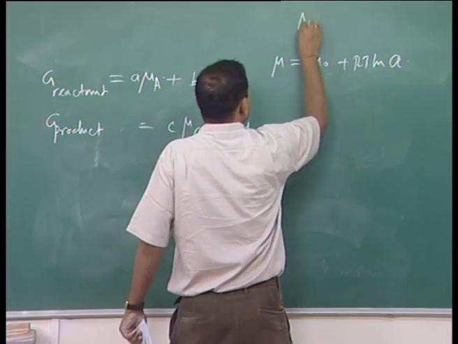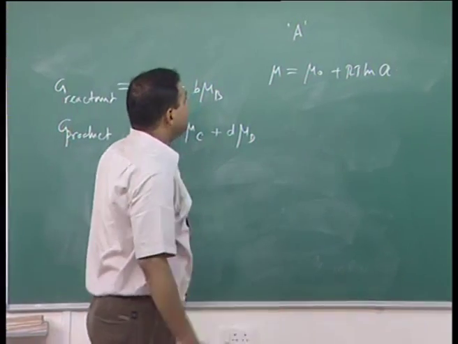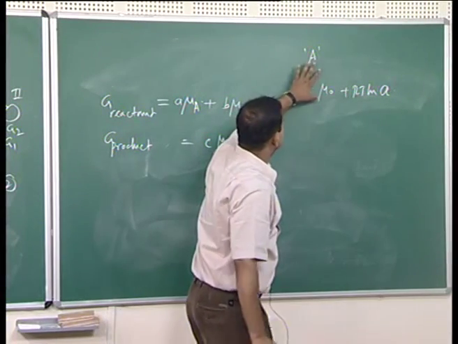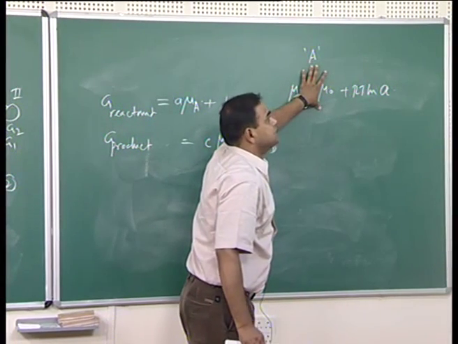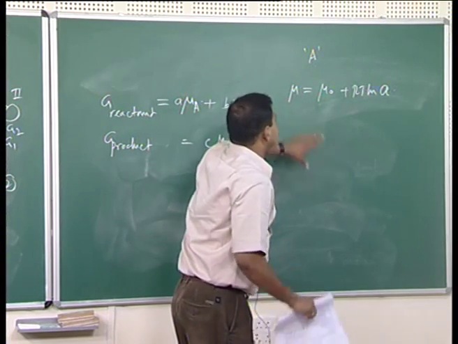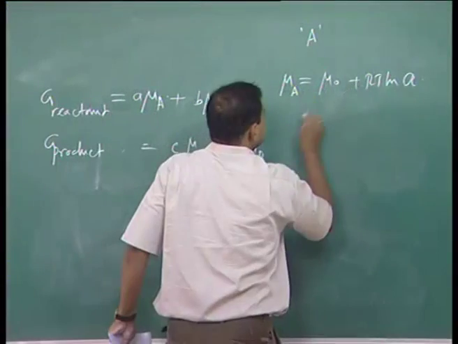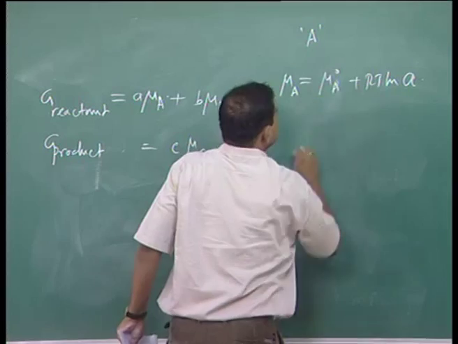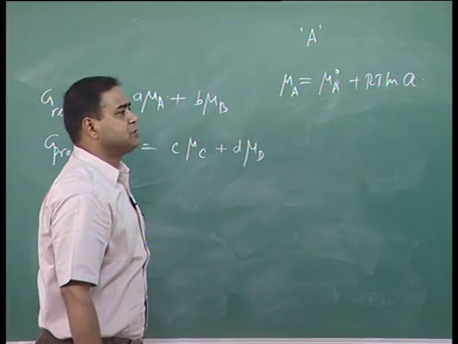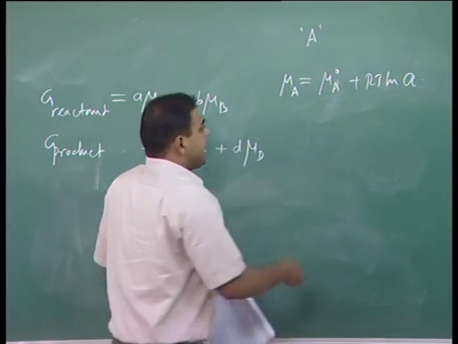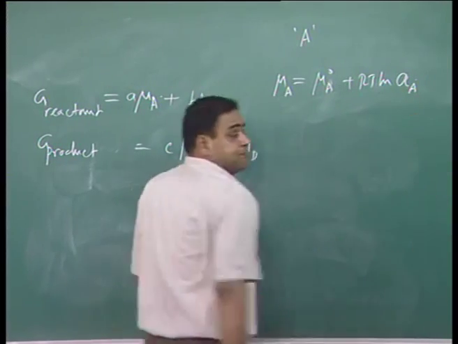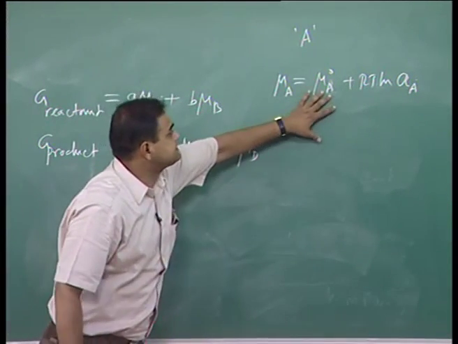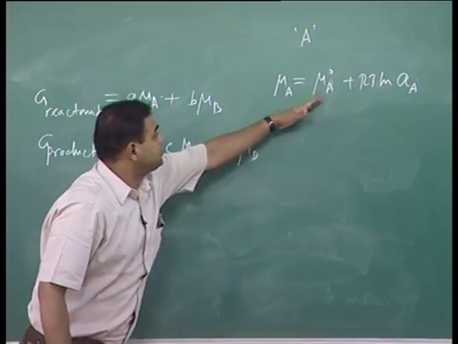So, the chemical potential of A would be the standard state chemical potential for A plus RT ln activity of A. If you find that this is the relation, then you just replace it here.